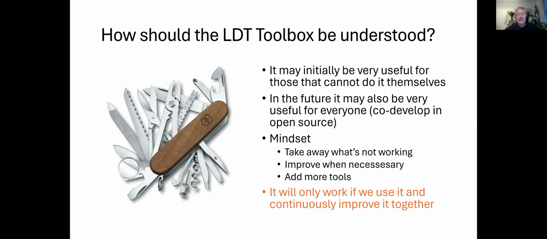If something is good, improve it when necessary, and we can add more tools. So that means that there will be hundreds, maybe thousands, maybe more tools in this Swiss Army knife. But it will only work if we actually use it and continue to improve it together. So the thought behind it is very good, but it only works if we actually use it and do it together, right?